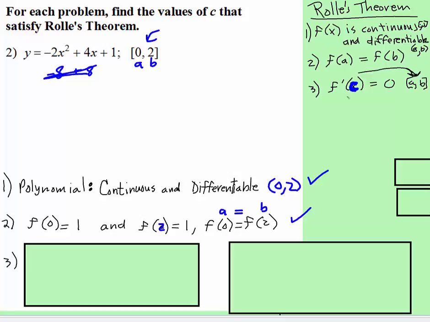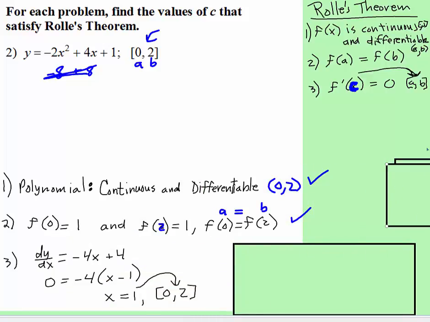Now what we have to do is find the derivative, and see if there's a point in that interval where the slope of the tangent line is 0. When we find the derivative, dy/dx, you end up with negative 4x plus 4. We're going to let this equal 0, because we want the slope of the tangent line to equal 0.